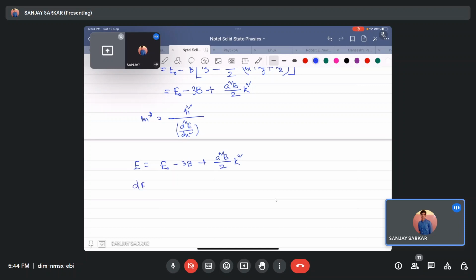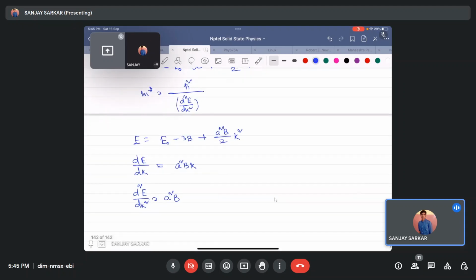So the derivative with respect to k is a square bk, as the 2 and 2 cancel out, and d2E by dk2 is a square b. So what will be m star? So m star is h bar square by a square b.